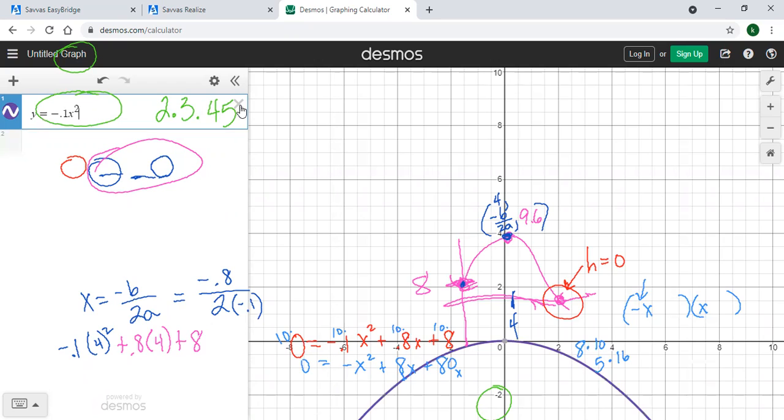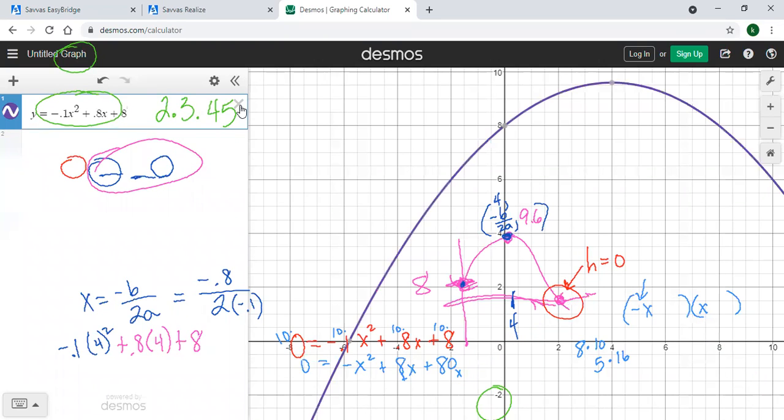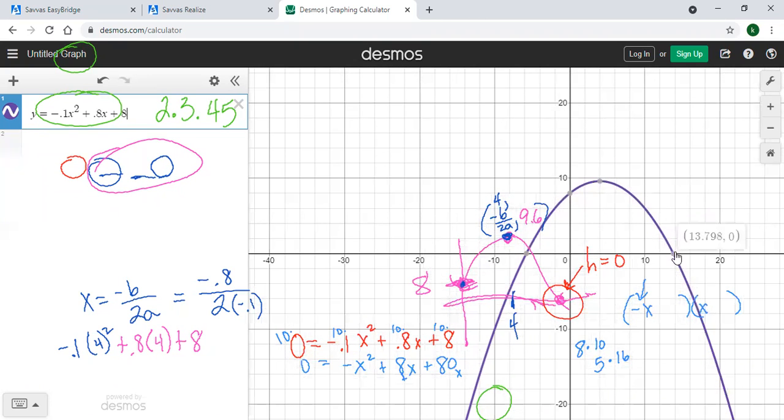Plus 0.8x plus 8. So then let's squeeze it together and look at the point out there. It says 13.798. It's kind of an ugly little decimal there, but let's write it down and try it and see. 13.798.